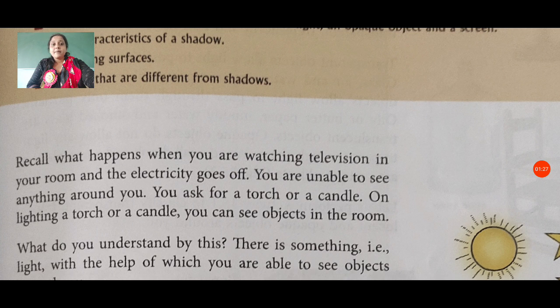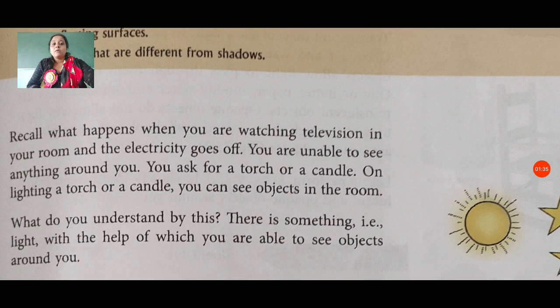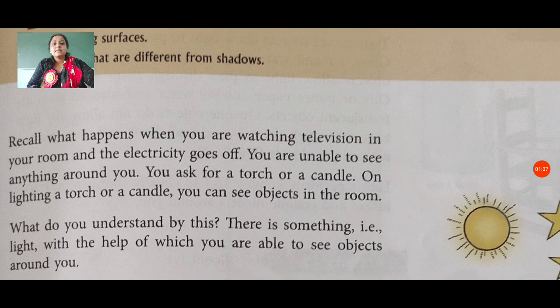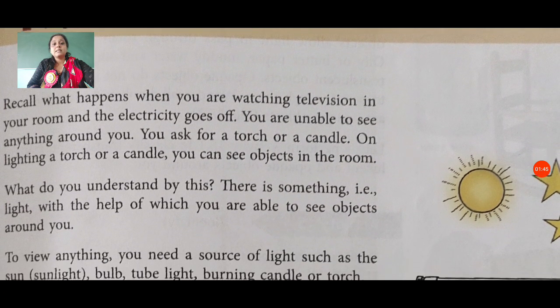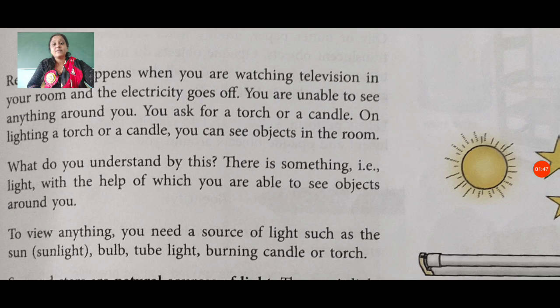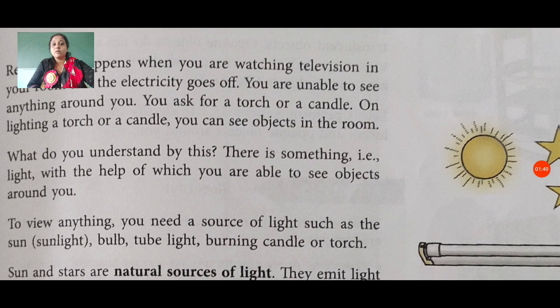What do you understand by this? There is something called light with the help of which you are able to see objects around you. These things help you to see because they give us light, and using this light we can see things around us.